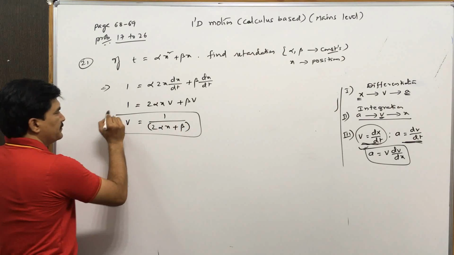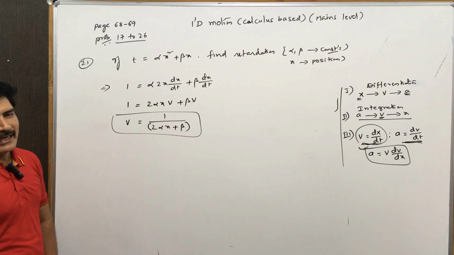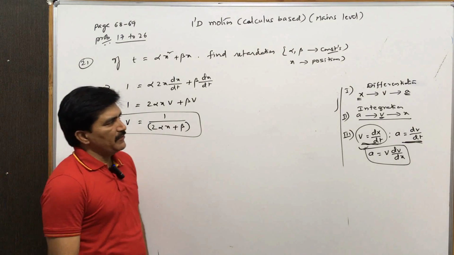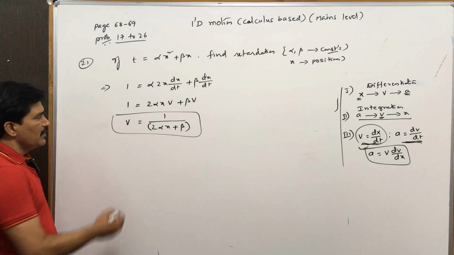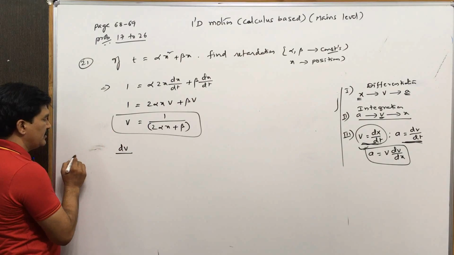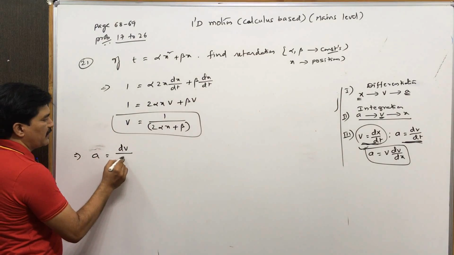So I got v. Next I need to find acceleration. How to find acceleration? Differentiating velocity with respect to time you will get acceleration. So how to differentiate this, dv by dt, that is acceleration is equal to.